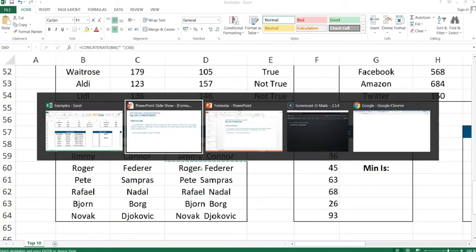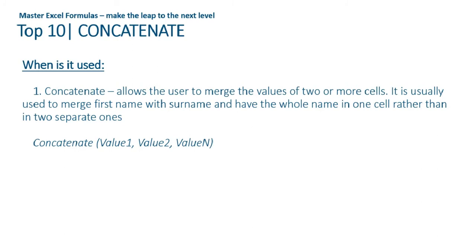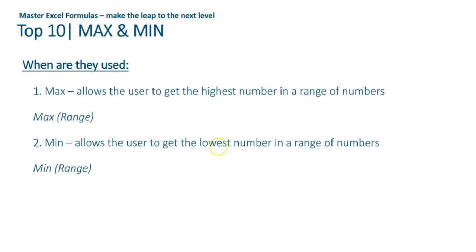Now going back to the slide again, the next set of formulas is max and min. It's easy to guess what these formulas actually do. The max formula allows the maximum value for a specific range to be shown as the outcome, whereas the minimum does the same but for the minimum value.